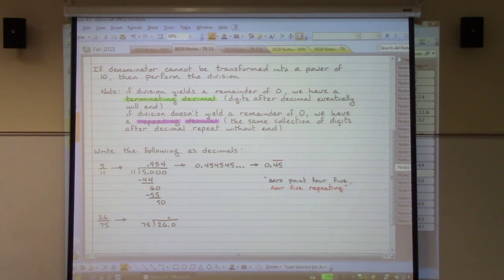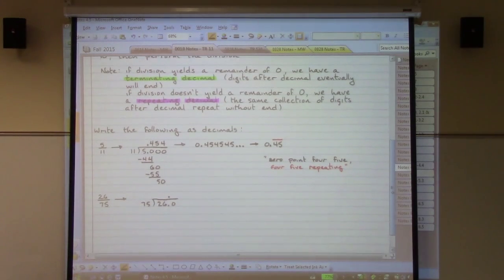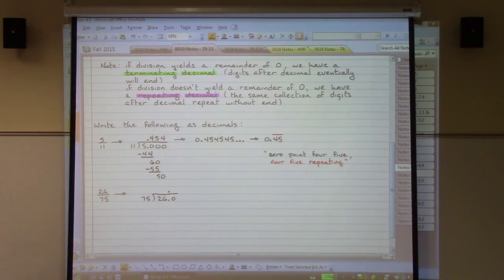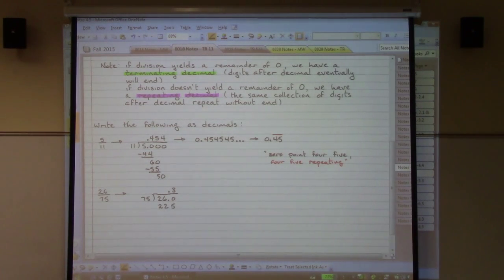75 goes into 260. Let's get a little bit more room here. 75 goes into 260 3 times, so that we would have 225. Do a little subtraction here, and we would get 35.